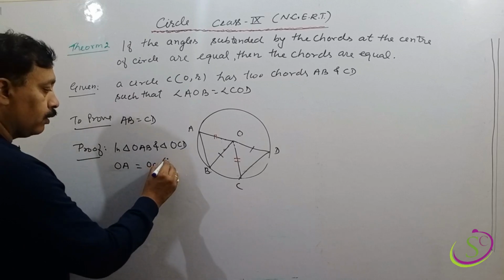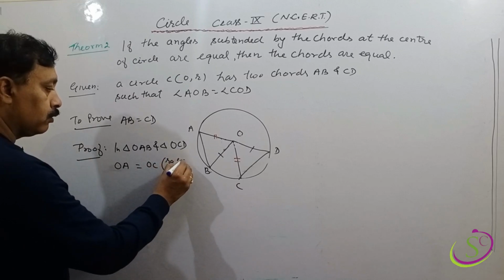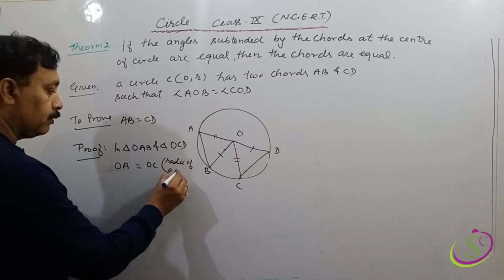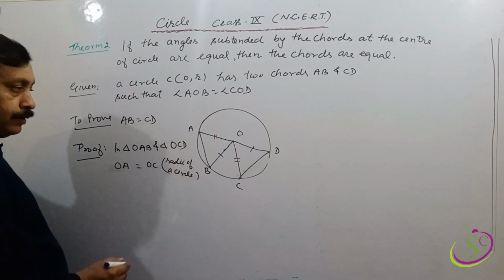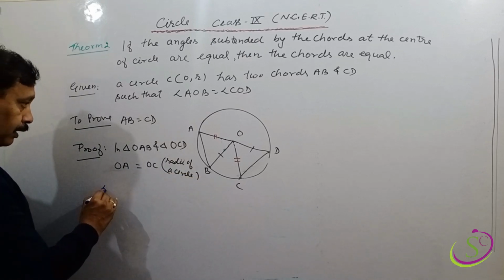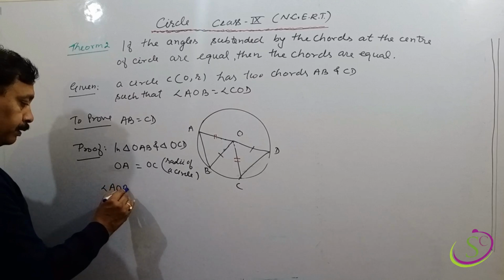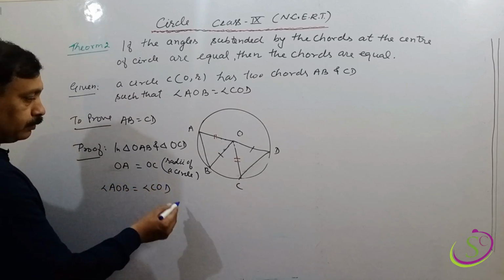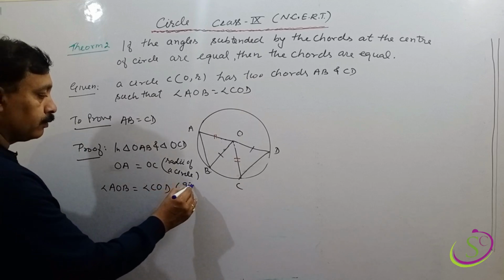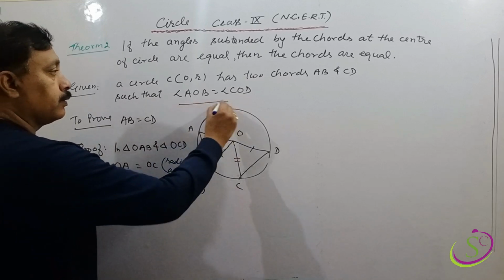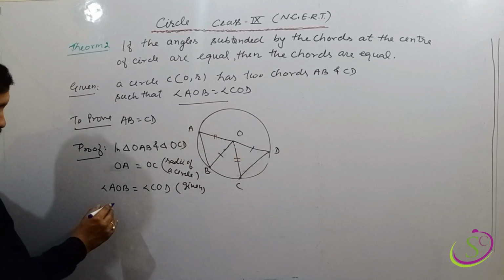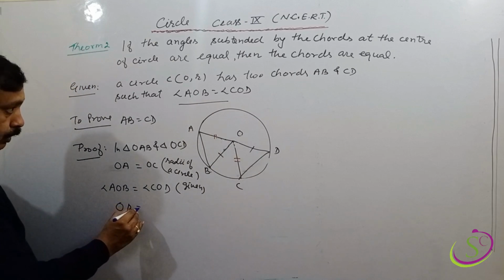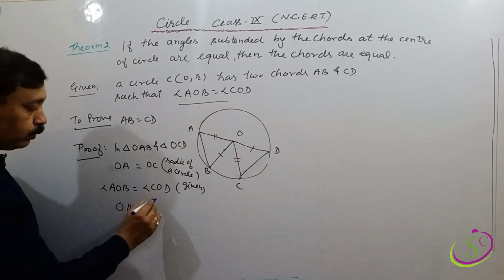Reason? Radii of a circle. Clear? Angle AOB equal to angle COD, that is given here, and OB equal to OD.